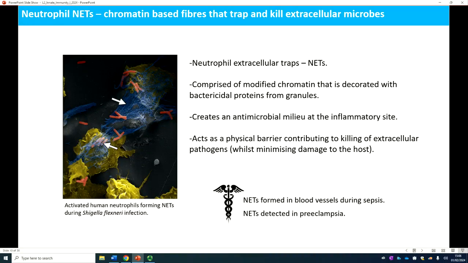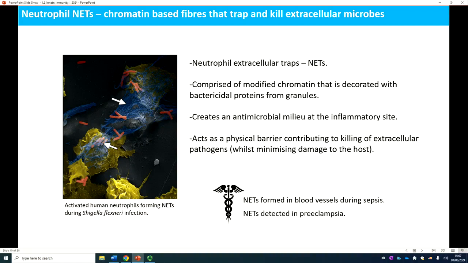So these are the neutrophil NETs that I mentioned. It actually stands for neutrophil extracellular traps. If you look at this diagram, you can see we've got a neutrophil in yellow, some bacteria in red, and this blue stuff is chromatin. In response to a pathogen, what the neutrophil can do is literally vomit out its chromatin. This forms a net that can ensnare bacteria.